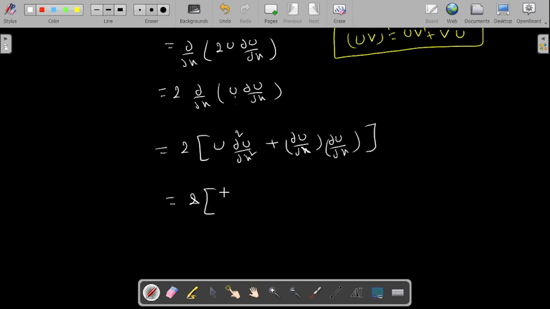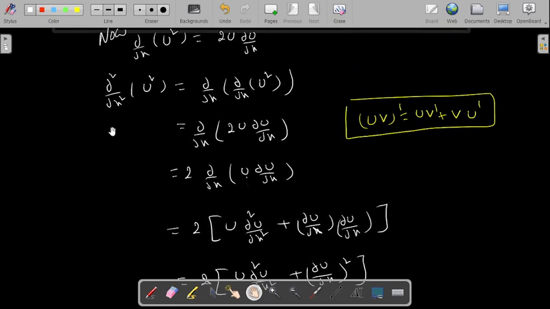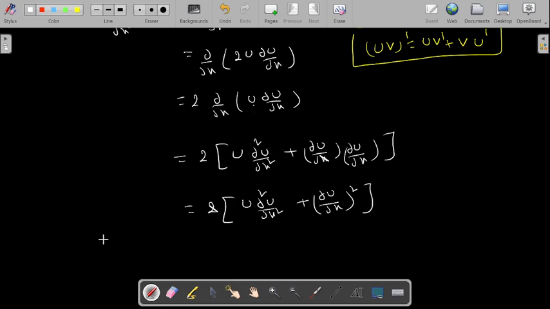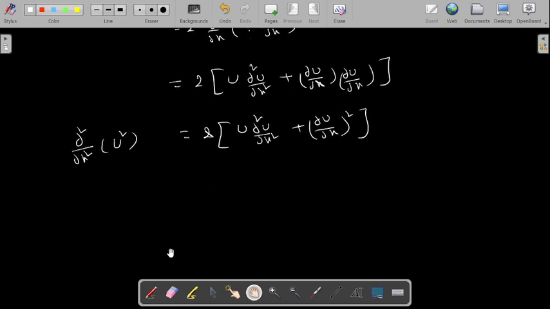So this will be 2 into u ∂²u/∂x² plus 2 into (∂u/∂x)². So this is all about the left side, ∂²/∂x² of u², two times.